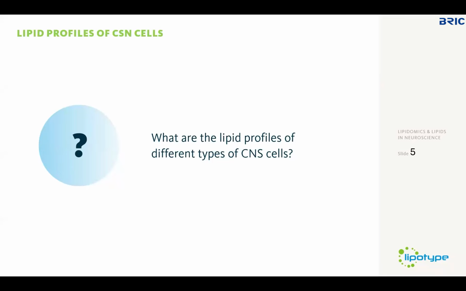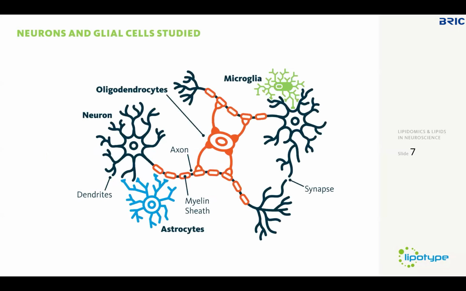So when we started, we thought, let's check the lipid profiles of different types of central nervous system cells. And of course, none of this work could we do single-handedly. We had a wonderful partner, the German Center for Neurodegenerative Diseases, and many of the examples I'm going to talk to you about today were performed together with the DZNE and EAM.